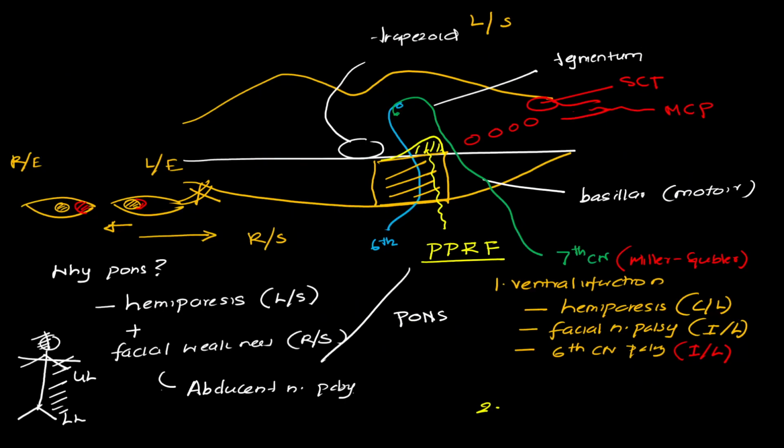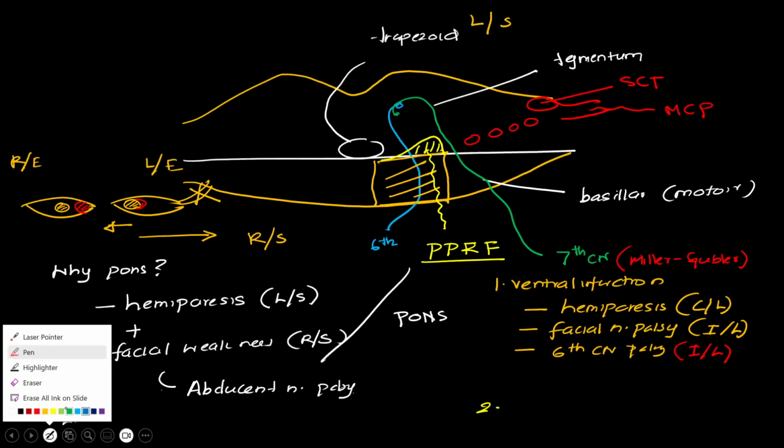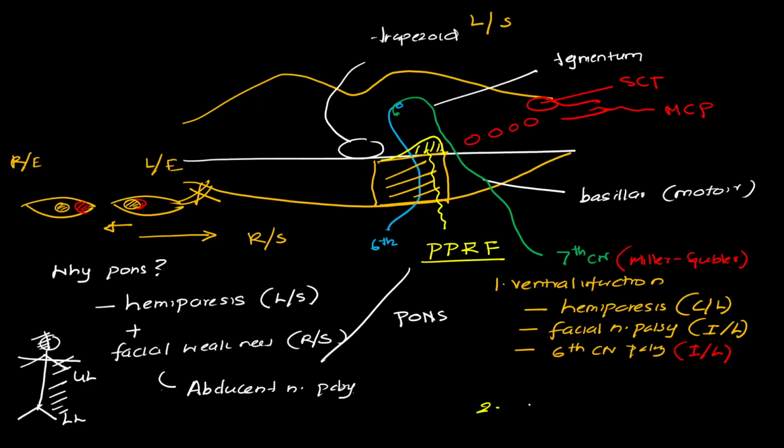Here you would see the same sort of lesions: contralateral hemiparesis with facial nerve palsy of the ipsilateral side, but you would not see the sixth cranial nerve palsy.